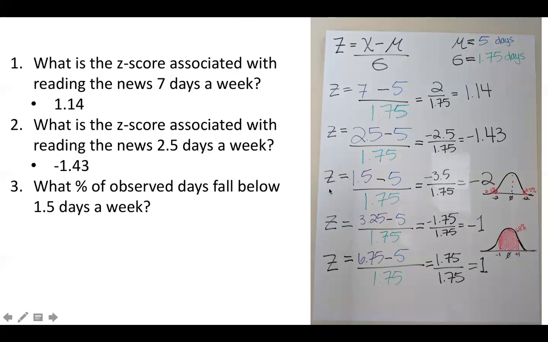I have my z-score formula. I plug in 1.5 for my value of x. From it, I subtract 5. And then I divide that all by 1.75. So here's my numerator. 1.5 minus 5 is negative 3.5. I divide that by 1.75 and get negative 2.